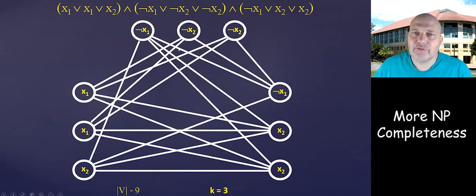For example, if we take x2 to be true, then this one is satisfied, this one is satisfied, and x1 to be false means that this one is satisfied. So this is not x1, x2, and x2. They can all simultaneously be satisfied. So this is one clique.